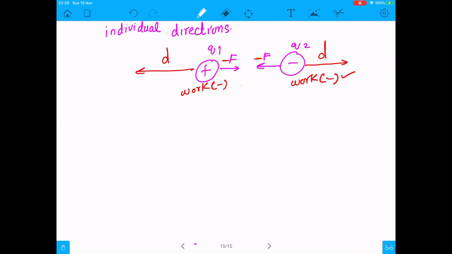So the work will be negative and hence the force is also given a negative sign. So attraction is given a negative sign and repulsion is given a positive sign. This is the convention for attraction and repulsion. The convention is used for the calculation of work. While calculating the net force, you count the individual directions.